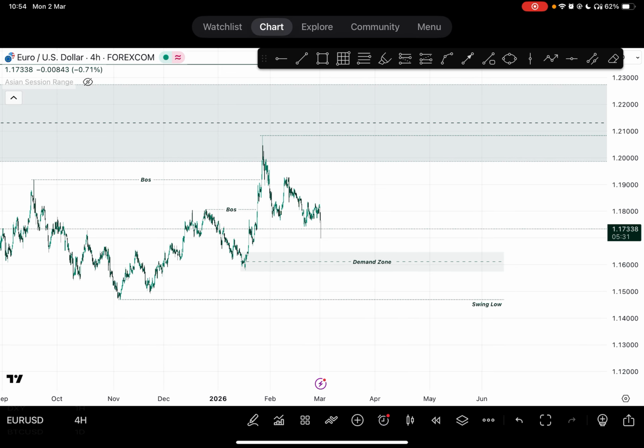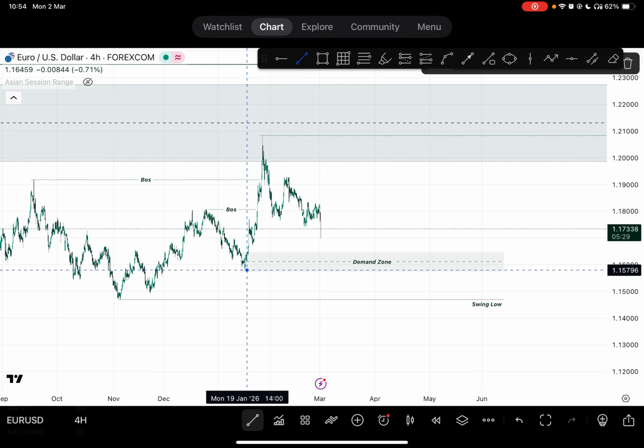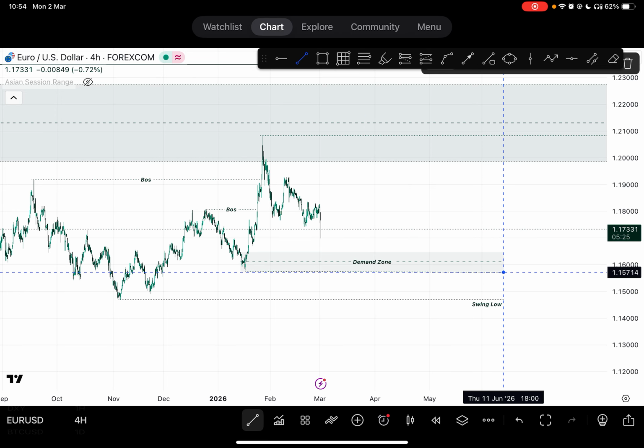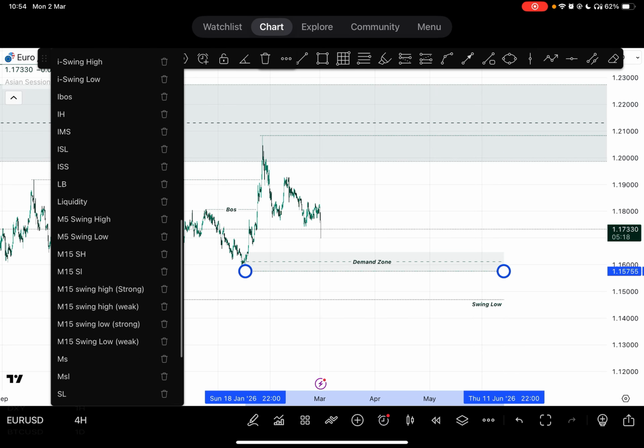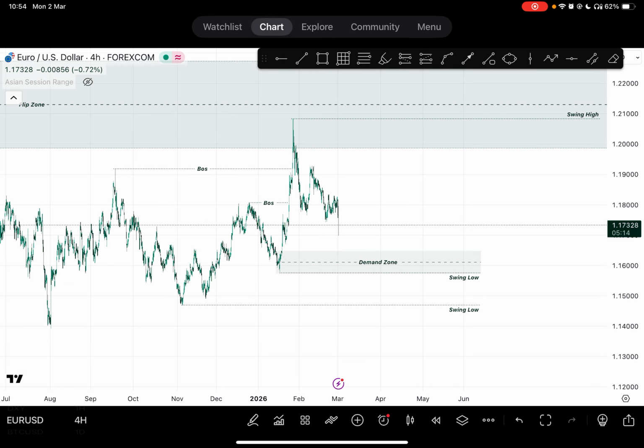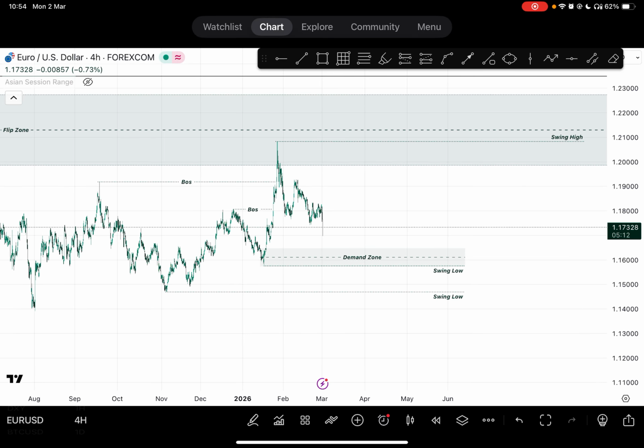We have this break of structure, and we have this low, right? We have this swing low, and this is where things keep becoming interesting, right?